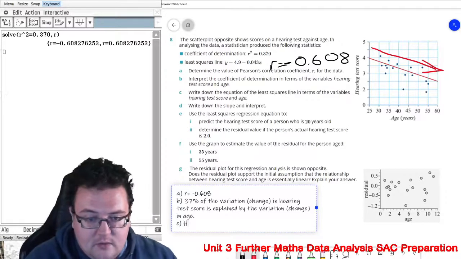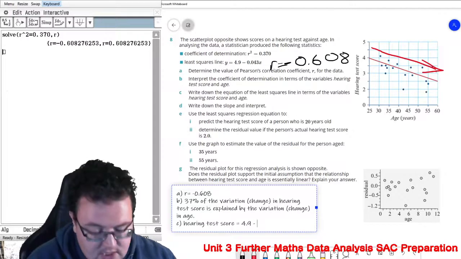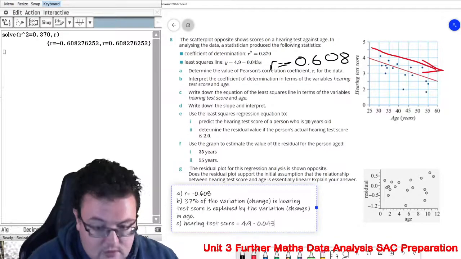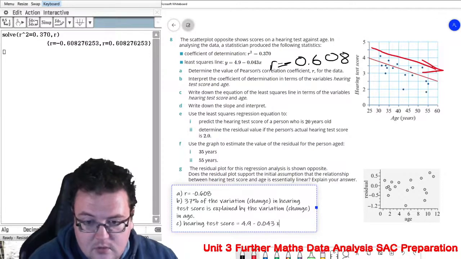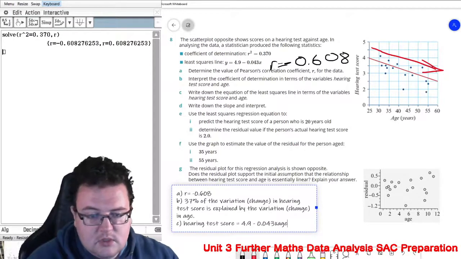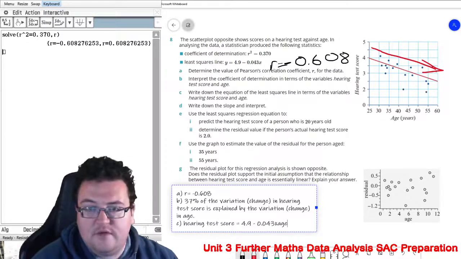So hearing test score equals 4.9 minus 0.043 times the age.